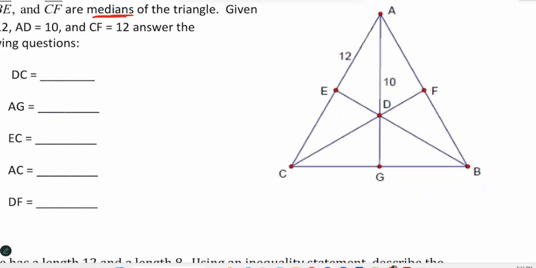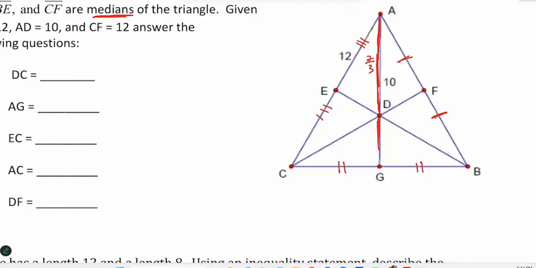Well, the median has one job. It comes out of an angle and it divides the opposite side in half. Then this piece right here is 2/3 of the entire length.